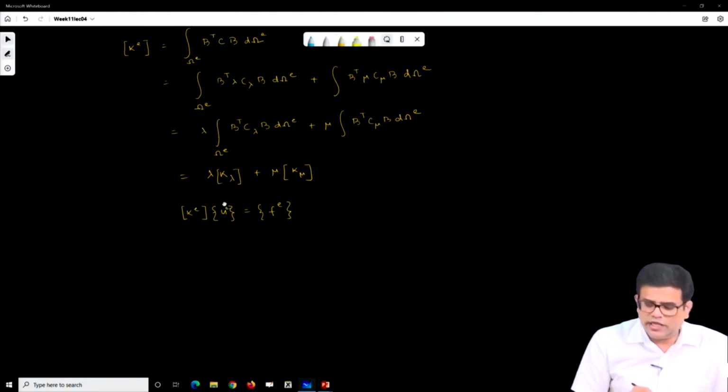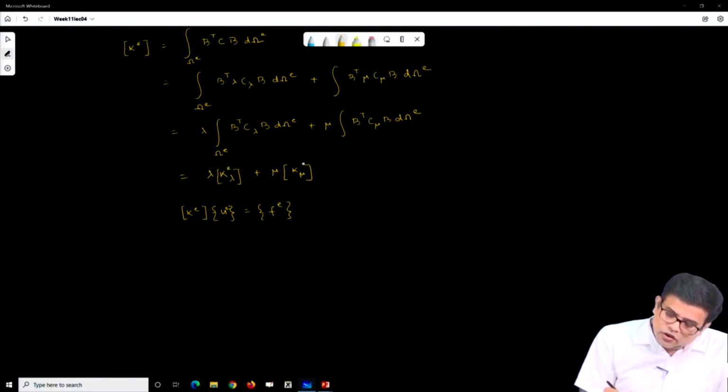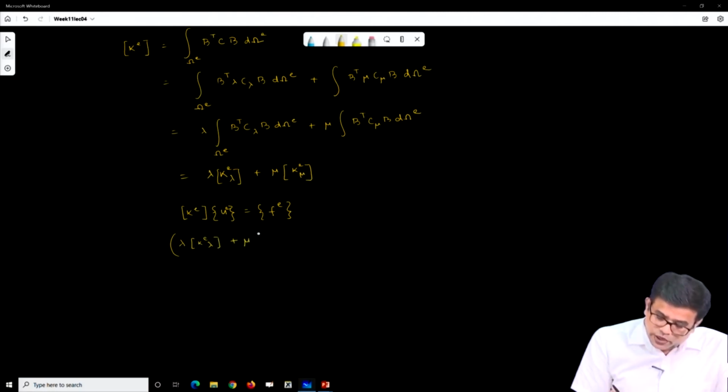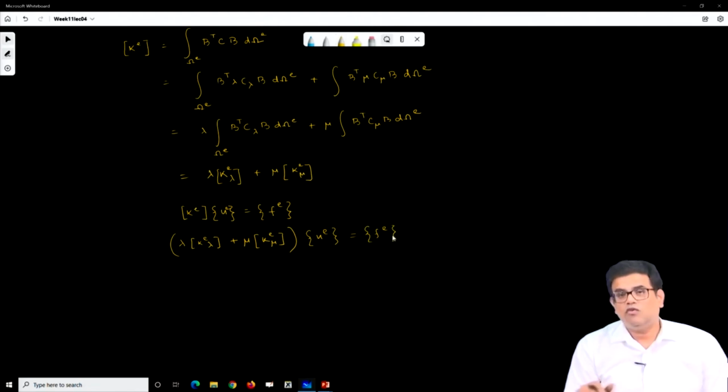Substituting Ke, I can write it as lambda Ke_lambda plus mu Ke_mu, into Ue, equals Fe. Now let us see what happens if I try to solve this.